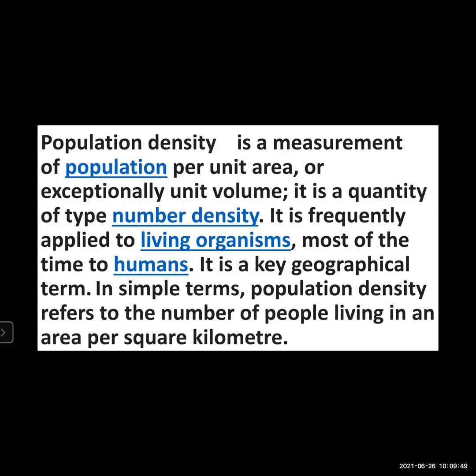Now, what is population density? Population density is a measurement of population per unit area or unit volume. It is a quantity of type number density. It is frequently applied to living organisms, most of the time to humans. It is a key geographical term. In simple terms, population density refers to the number of people per square kilometer.